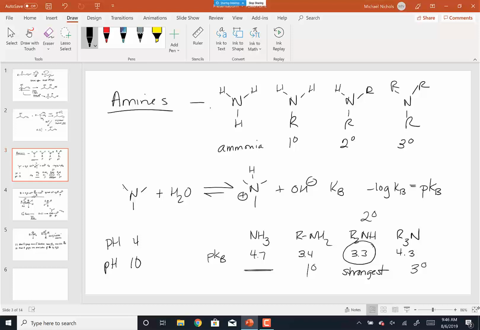And then there's a huge solubility issue here with the 3 alkyl groups. So actually, the solubility of the N plus species explains why tertiary is at 4.3. Because with 3 alkyl groups, stabilizing that plus charge is really bad. So it counteracts the 3 alkyl groups.